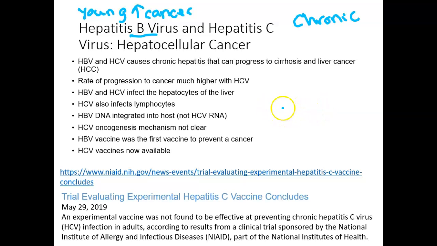So these two viruses molecularly are very different, but they both cause chronic hepatitis. Now, hepatitis B viral DNA can integrate into your genome and can lead to cancer. We don't entirely know how hepatitis C causes cancer except through the chronic inflammation.